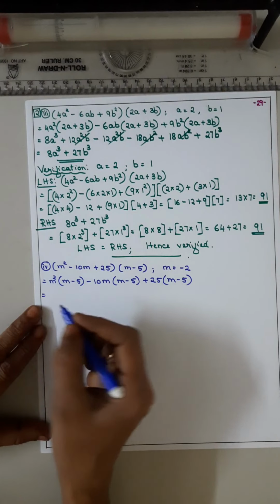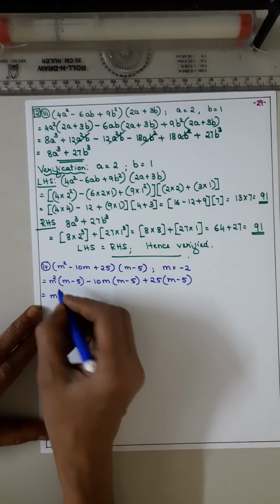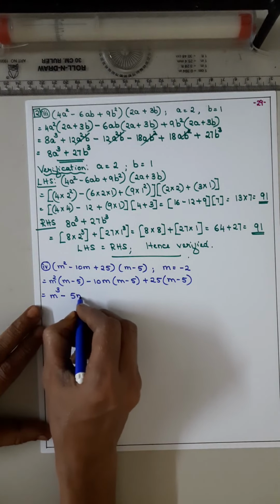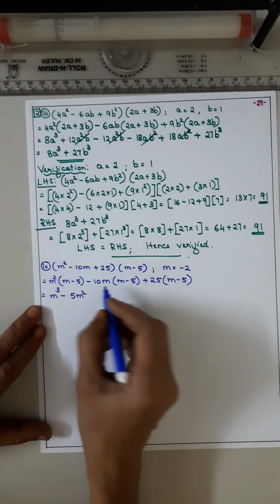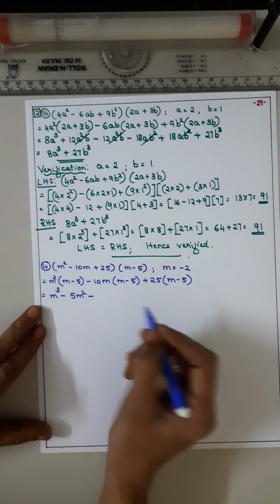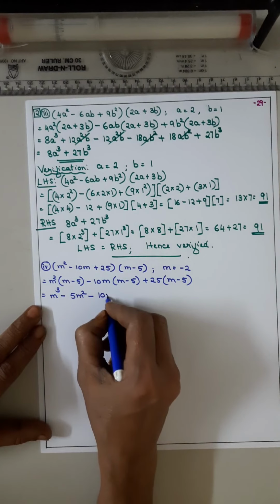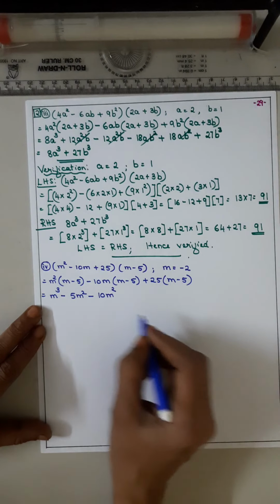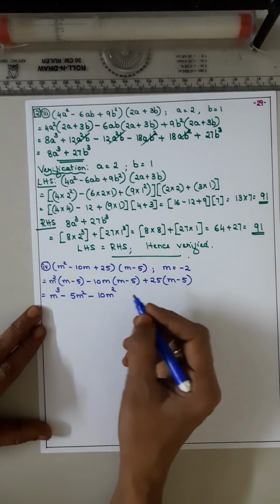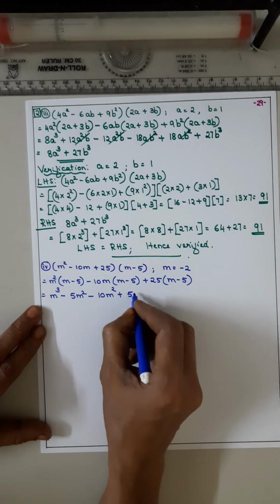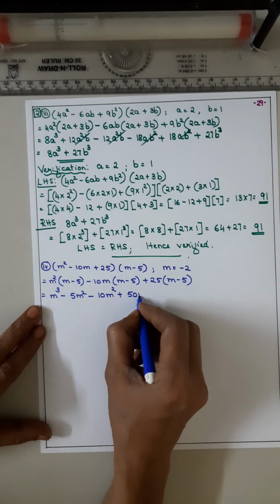Now m squared into m, 2 plus 1, that is 3, minus 5m squared, isn't it? Now minus plus minus, 10 ones are 10, m into m, 2 times m squared, minus minus becomes plus, 10 fives are 50 and m.